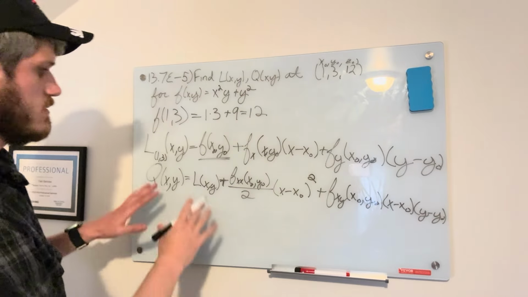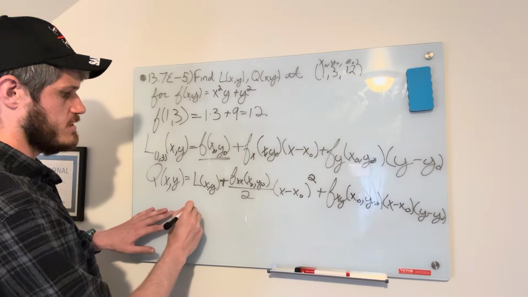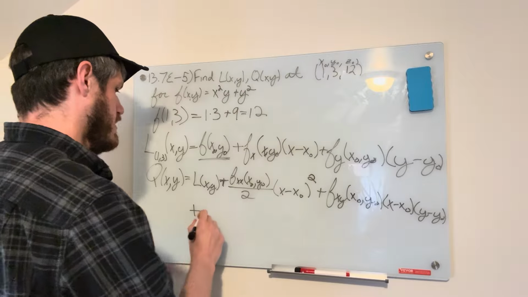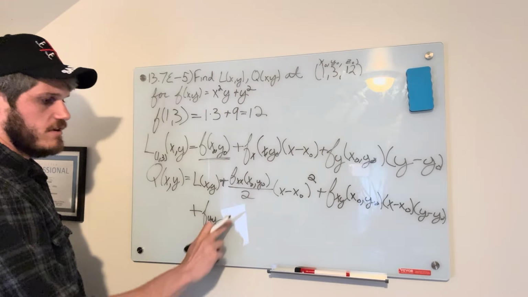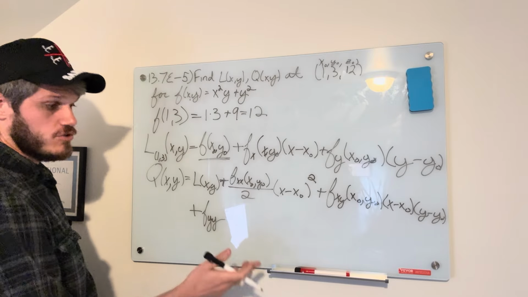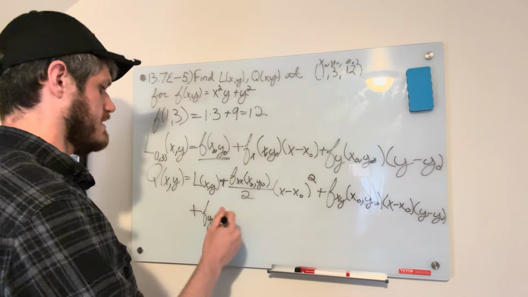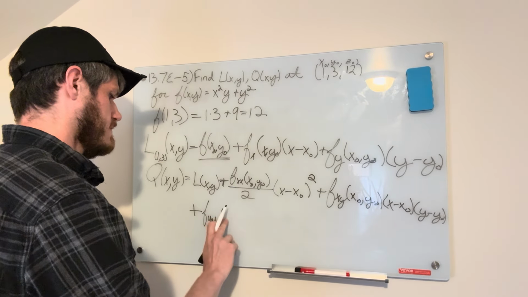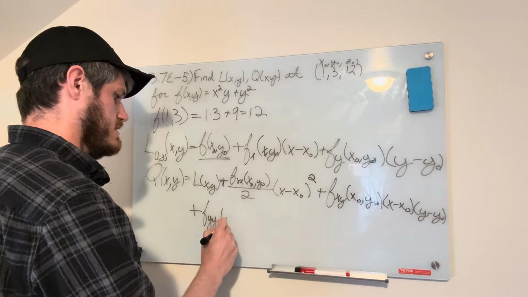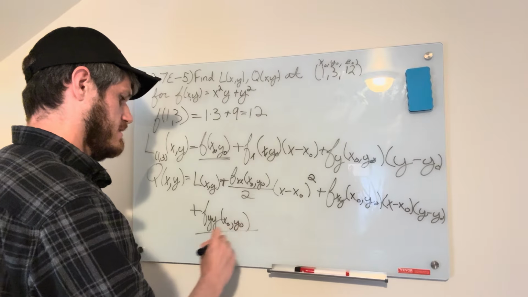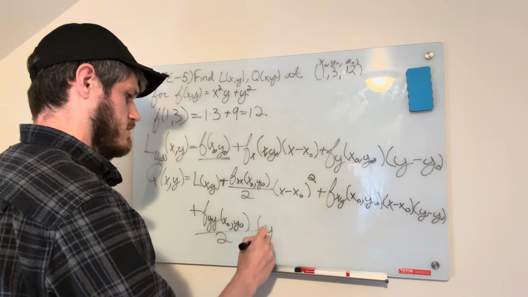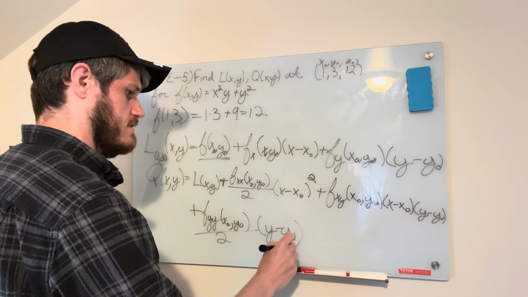This is all going to be part of the same thing, but you can also have this other term here, which has your second partial derivative with respect to y information in it, which is again evaluated at your point that you're approximating at, over 2, y minus y naught squared.